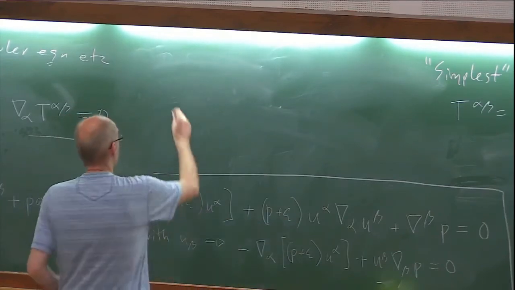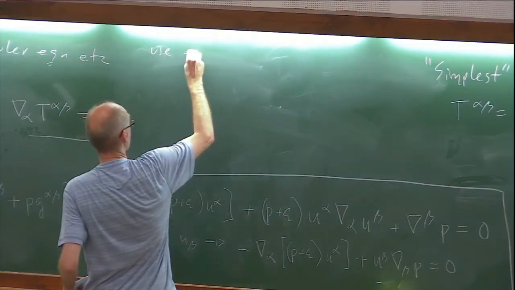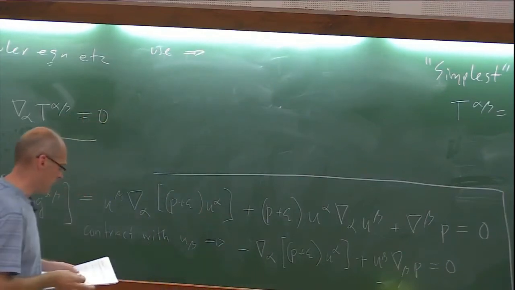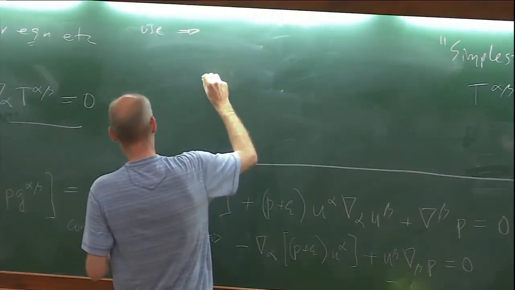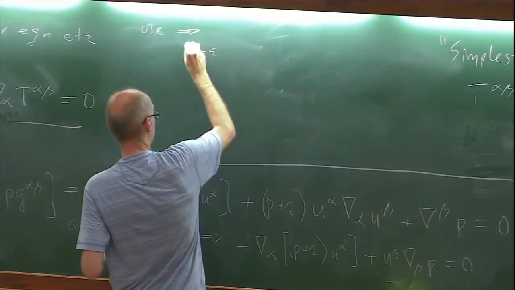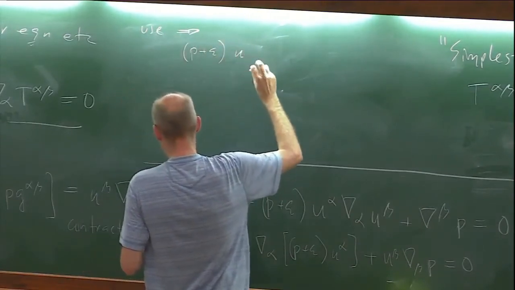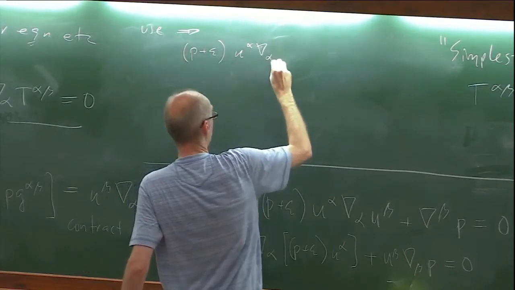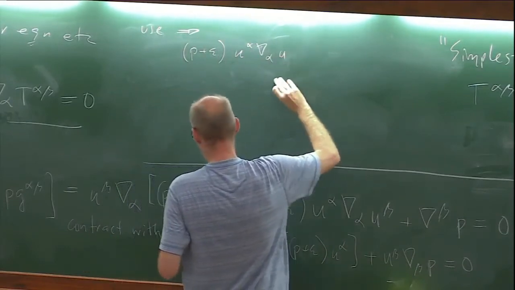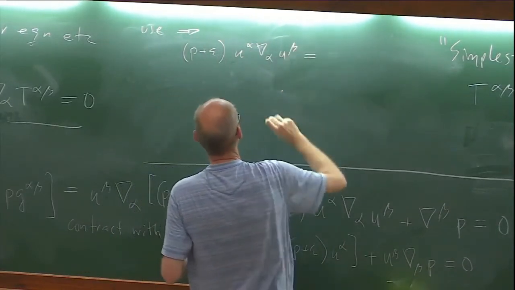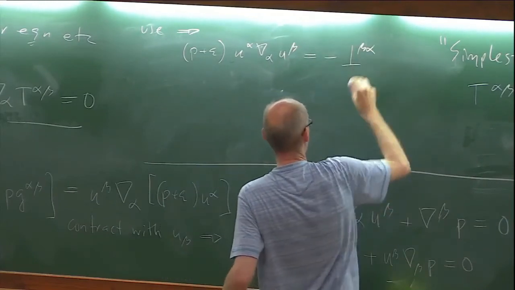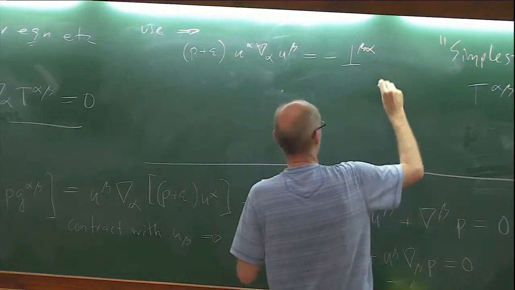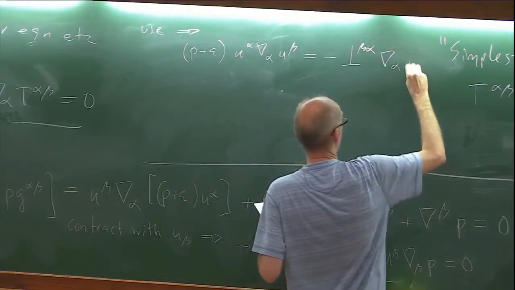And what happens is, I plug that in, and what comes out is simply that P plus epsilon U alpha grad alpha of U beta upstairs, say, is minus that pesky projection. I don't want to spend time on this expression because it comes out easily.